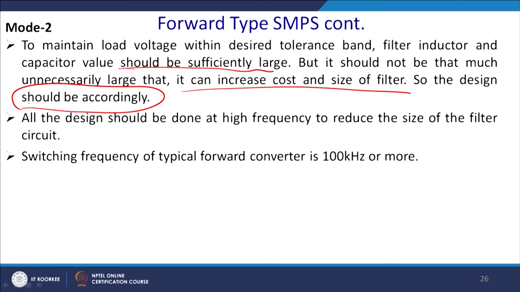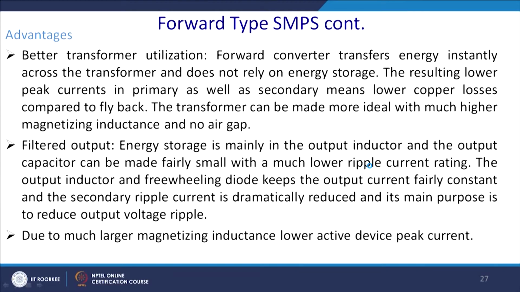All the design should be at a high frequency to reduce the size of the filter circuits. Generally, we can go up to a level of 1 kilowatt, and for the switching frequency of this converter we can choose a MOSFET to have 100 kilohertz switching frequency. Now, what are the advantages of this forward converter type SMPS over flyback?